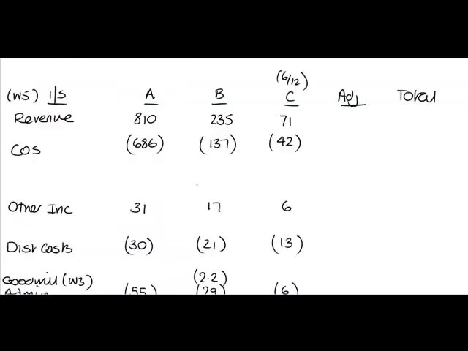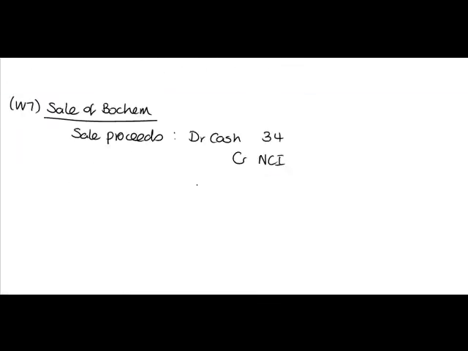So if we go down to the sale of Bockham, I'm going to credit the NCI their share of net assets. Well, what are we going to give them? What has been the increase in the NCI? The NCI has gone from 30% to 40%.